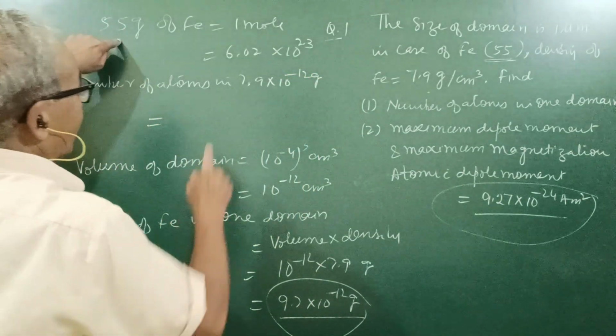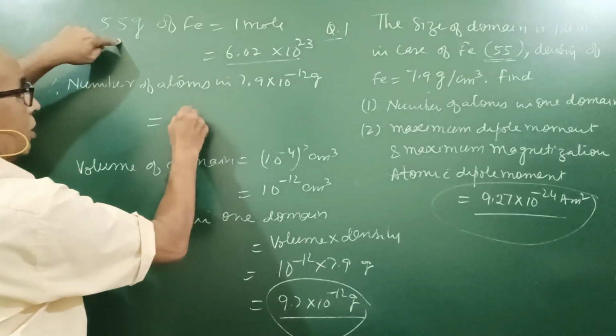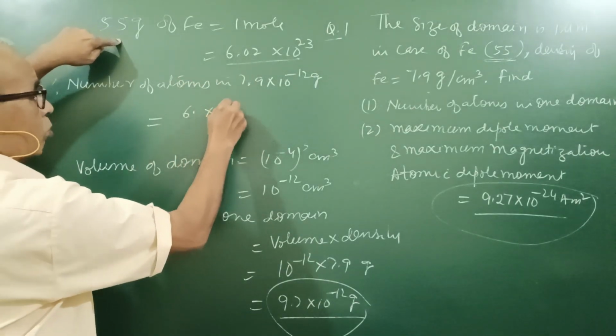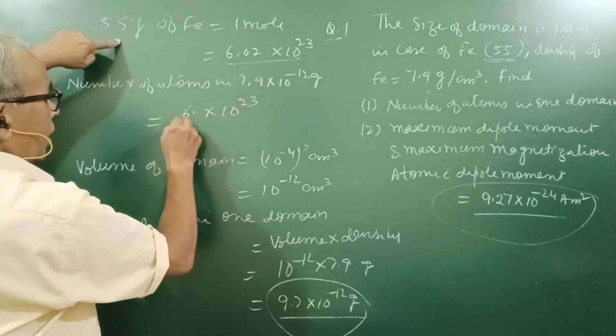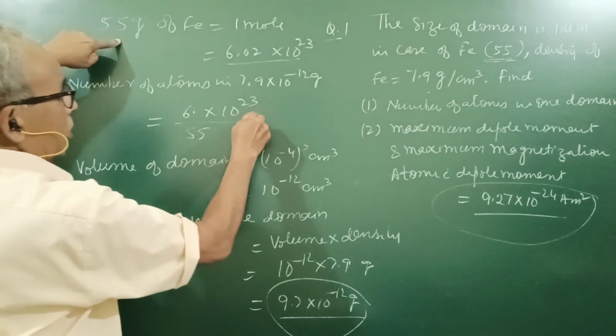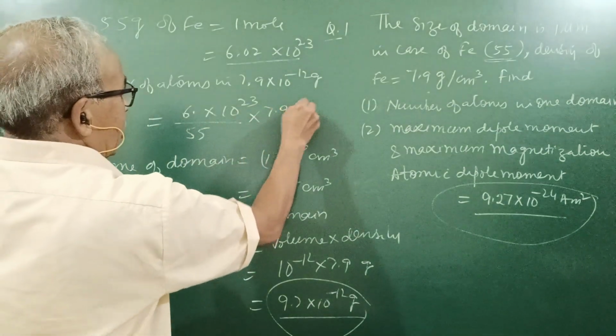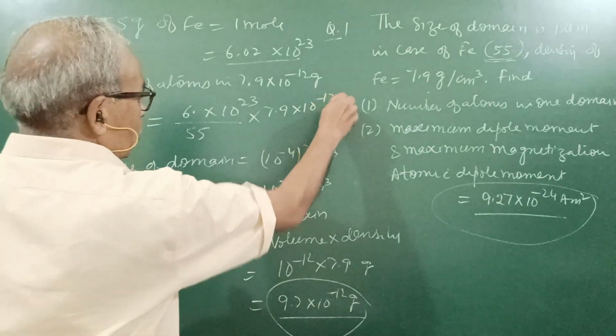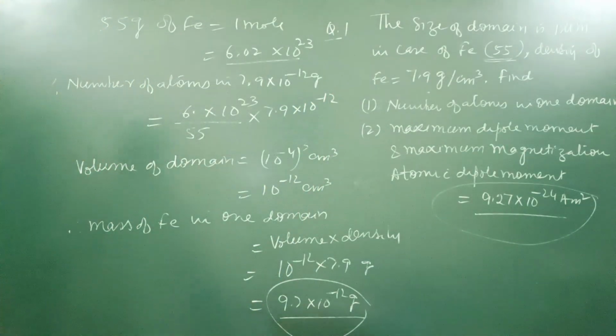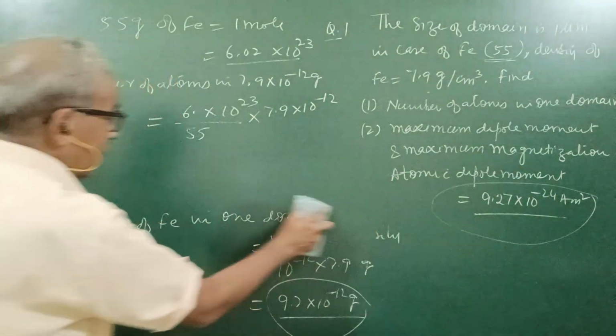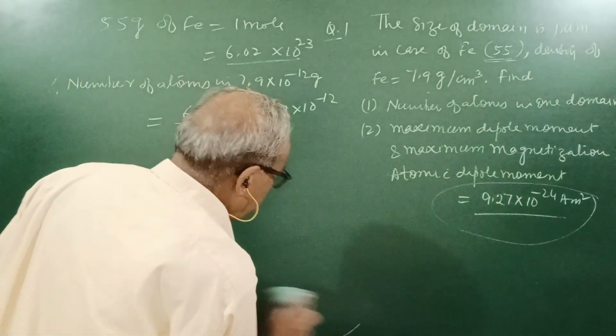So 55 gram has 6 times 10 to the power 23 atoms, so 1 gram has that divided by 55, and then into 7.9 times 10 to the power minus 12. It is the number of atoms present in one domain.